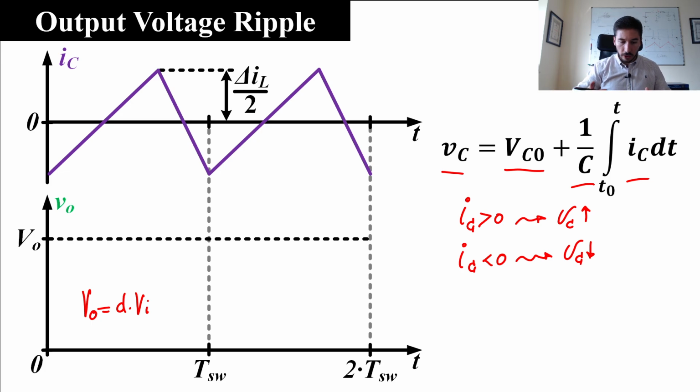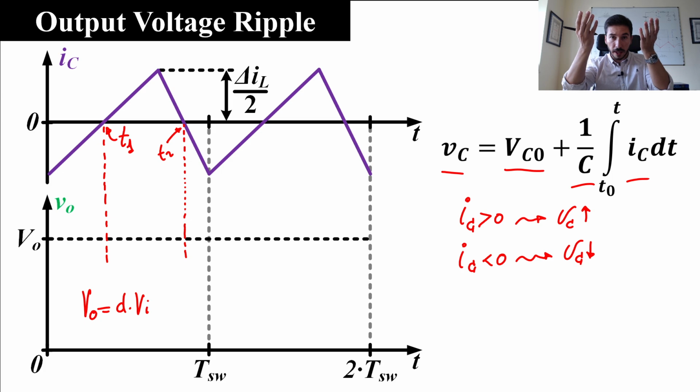So, in summary, we have to see if the capacitor current is positive or negative. In this way, we can estimate when the voltage across the capacitor rises and when it falls. So, for instance, here we can define that this instant is T1. Here, the capacitor current becomes positive, and as a result, we know that the voltage across the capacitor will rise, and will rise until this point, T2. Okay, so what we know is that between T1 and T2, the voltage across the capacitor rises because the capacitor current is positive.